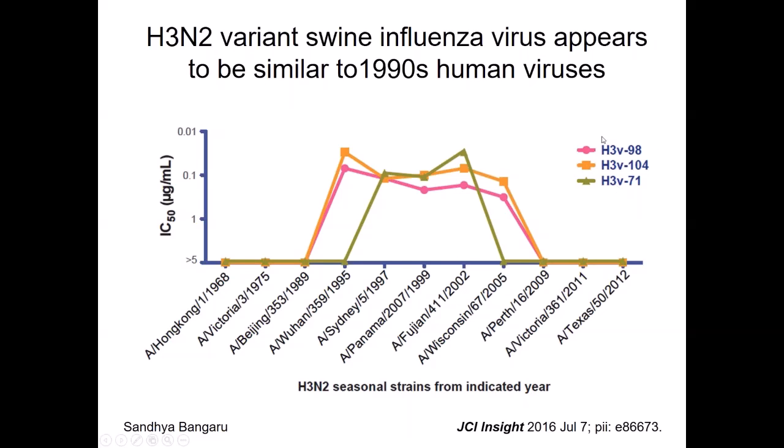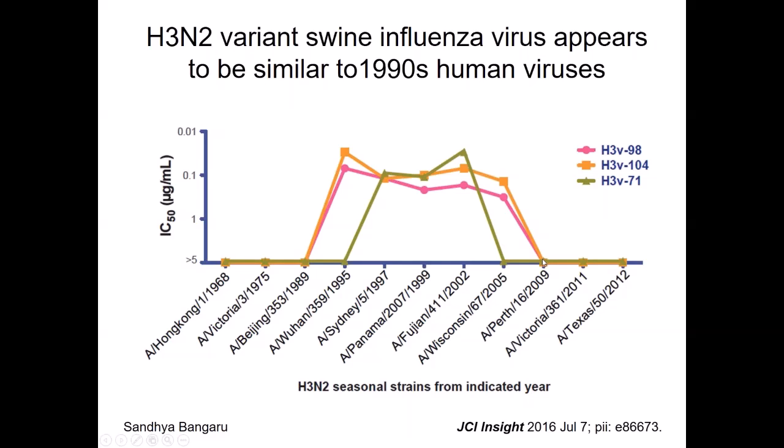And these are 3 representative monoclonals from those vaccinees. If we look at the reactivity of these 3 monoclonals shown in 3 colors, they do not recognize the more recent seasonal viruses that are the progenitors for the HAs that are used in the seasonal vaccines we're getting.